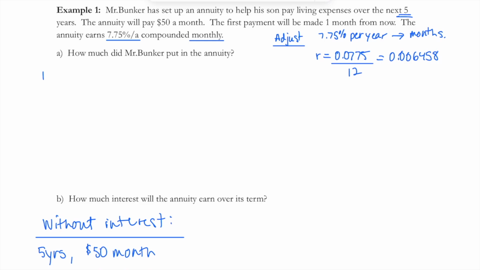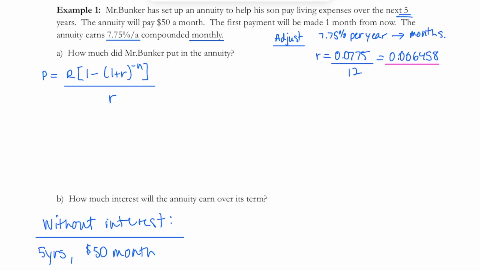Remember, we've got P equals R, bracket 1 minus 1 plus R to the power of negative n, over R. We also need to know how to put negative exponents into our calculators. R is easy, we have it right here.